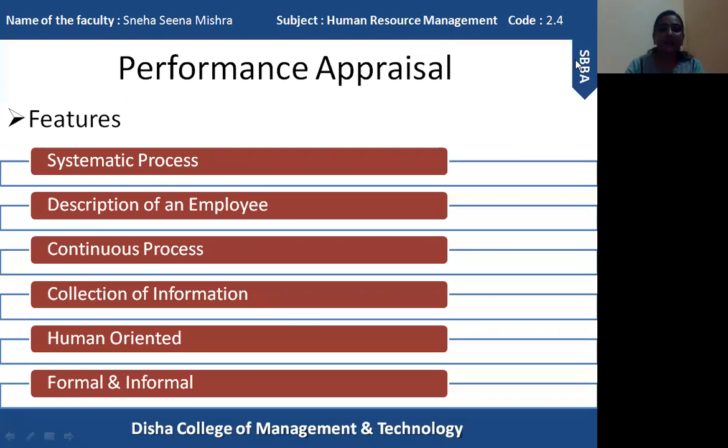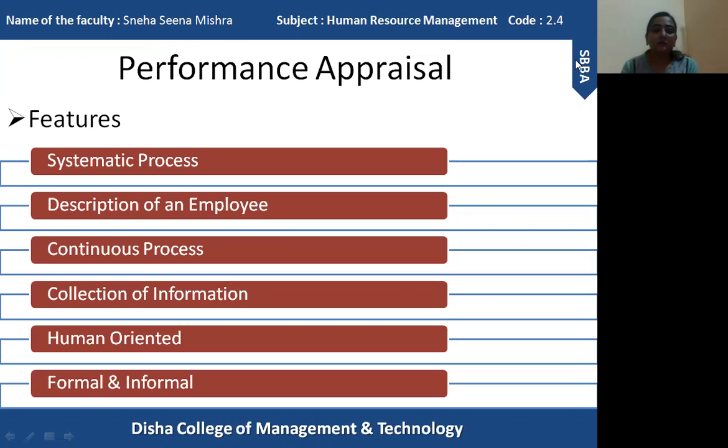The next point says that it is human oriented. So why is it human oriented? First of all, performance appraisal is conducted to evaluate the performance of the employees, and the people who are conducting performance appraisal, or we can say who are providing ratings to the performance, they are also the seniors or juniors. So human beings are involved in each and every aspect of the performance appraisal, whether they become an appraisee or become an appraiser.